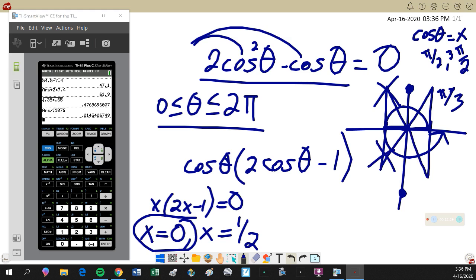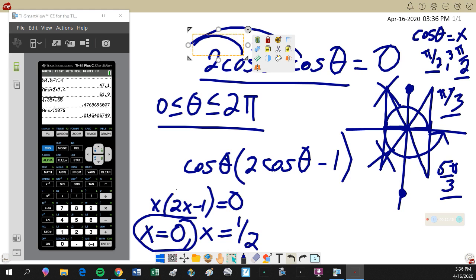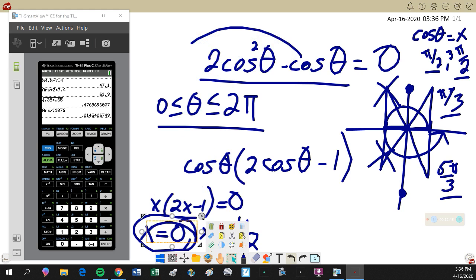And then again in quadrant 4, that's 1/3 short of 2 pi, so that would be 5 pi over 3. So the answer is pi over 2, 3 pi over 2, pi over 3, and 5 pi over 3. But why does that work? Well, watch what happens when we plug those in to the original equation.